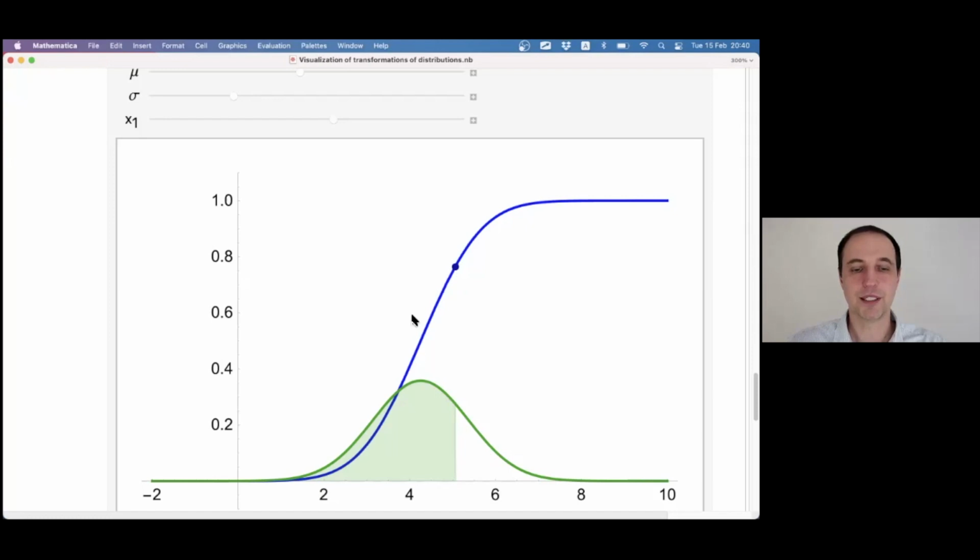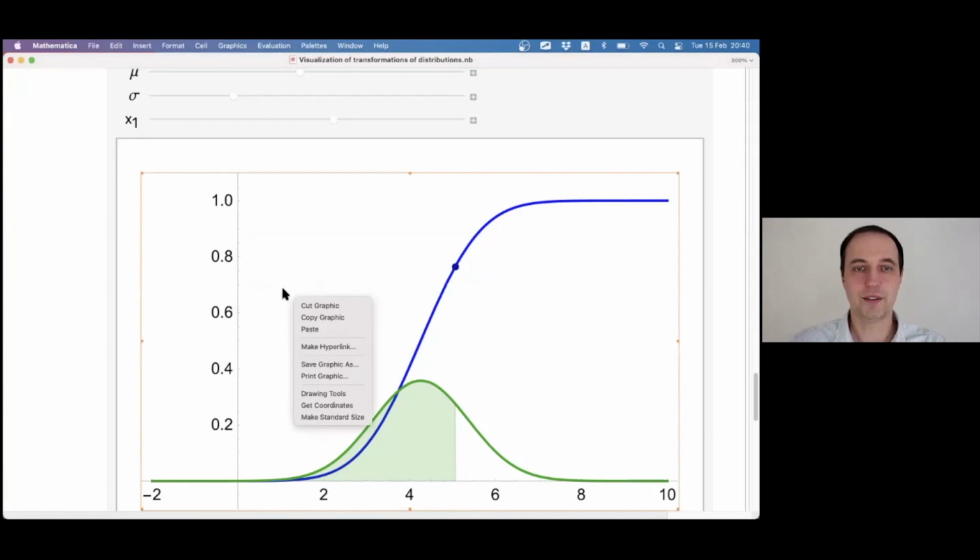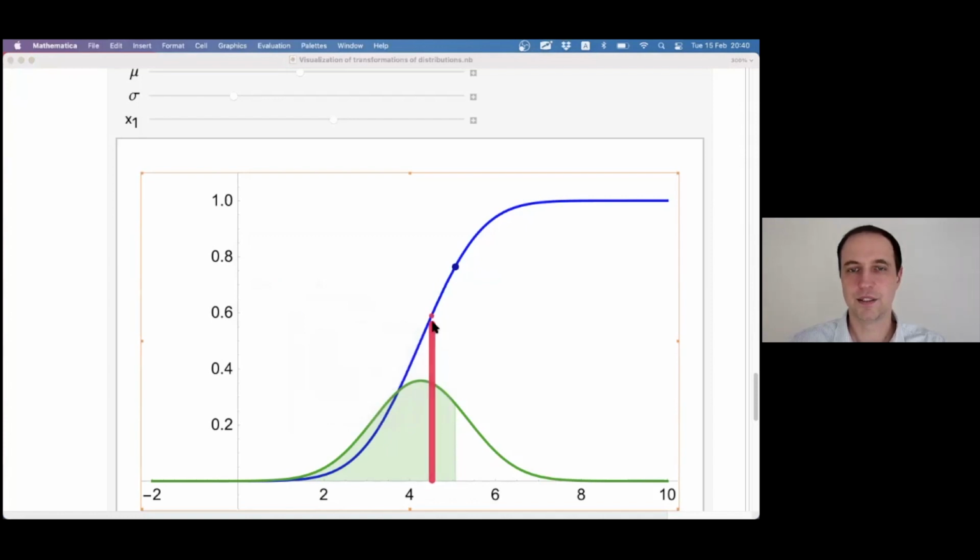Of course, relative to the previous value that we had, the CDF is now higher. So the difference in the height, which was something like this, that's indicating how much more likely the realized value is going to be below x1 if we shift x1 by the specified shift.